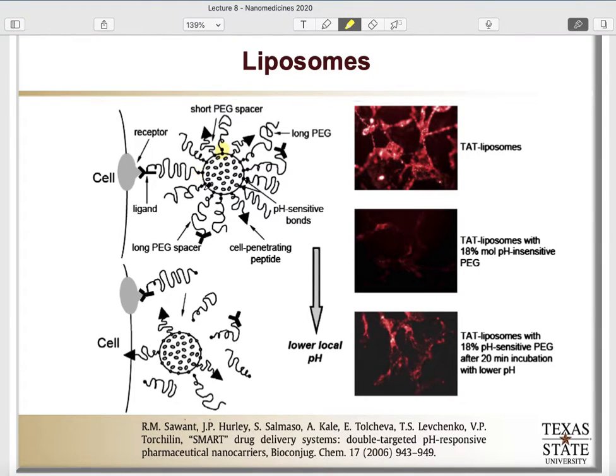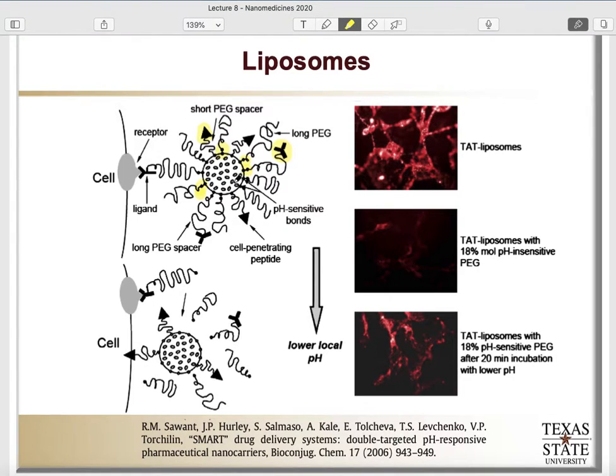The next one is going to be the short PEG spacers or short PEG chains that are not pH sensitive, but that do carry this triangle, which represents a cell-penetrating peptide. And then the last set is going to be these long polyethylene glycol chains that are also attached to an antibody to enable targeting. Notice that those are also bonded through this pH cleavable bond.